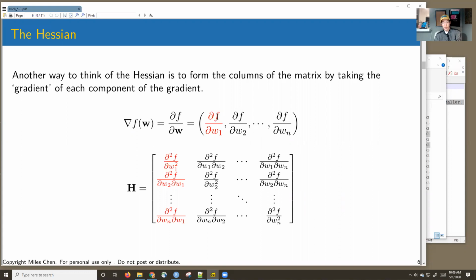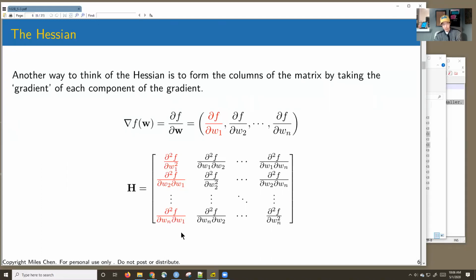Then, taking the gradient, technically the Jacobian, of this vector with respect to each individual component, you get another vector of second partial derivatives, and you get the columns here, and this is the Hessian matrix.